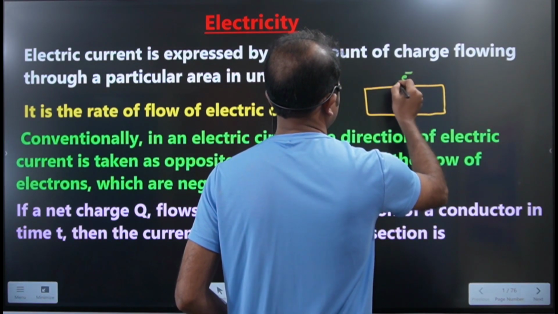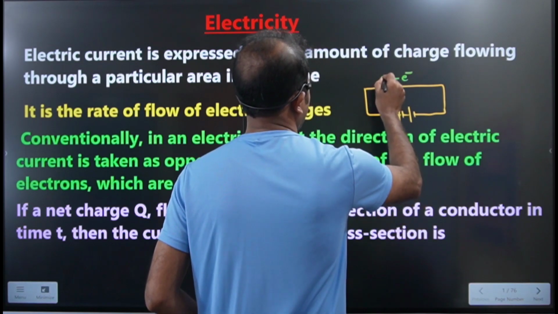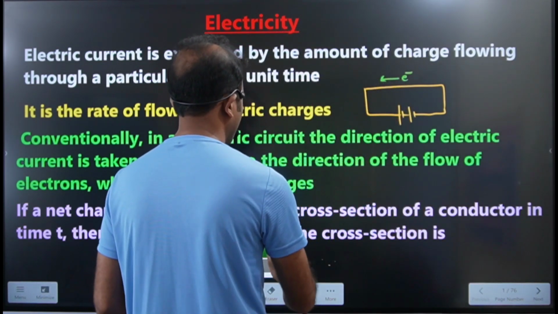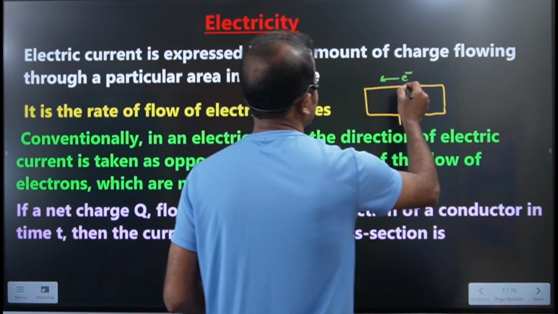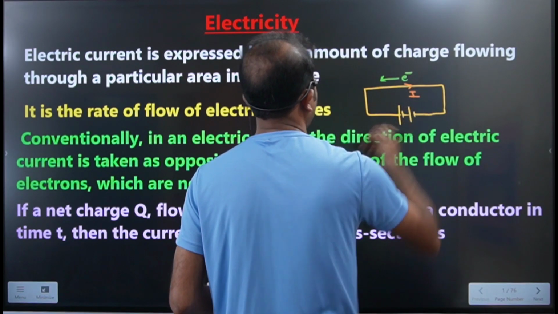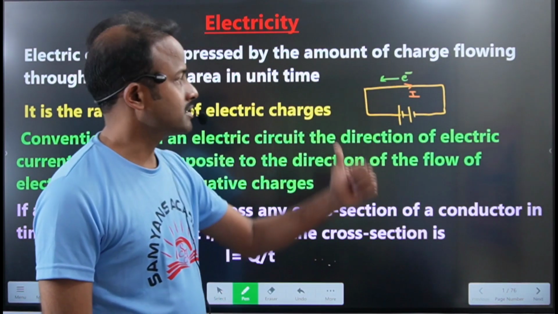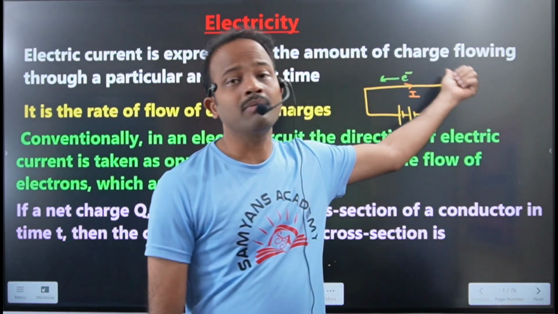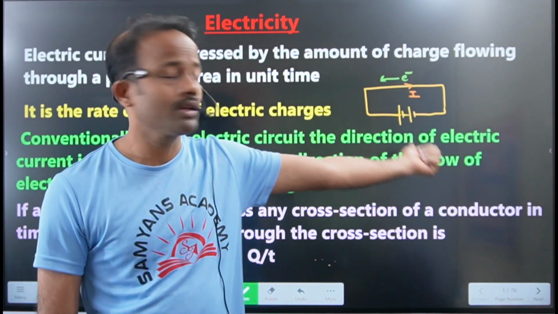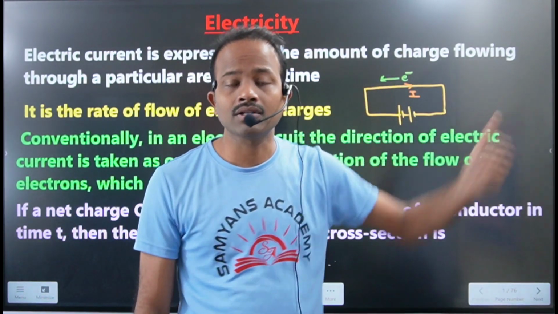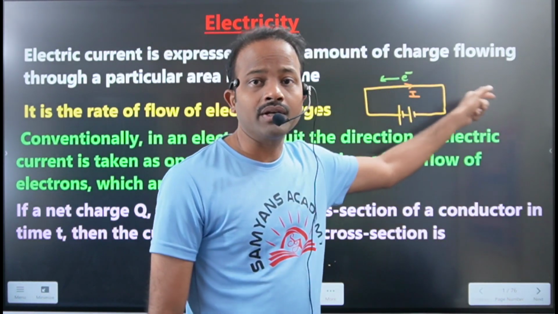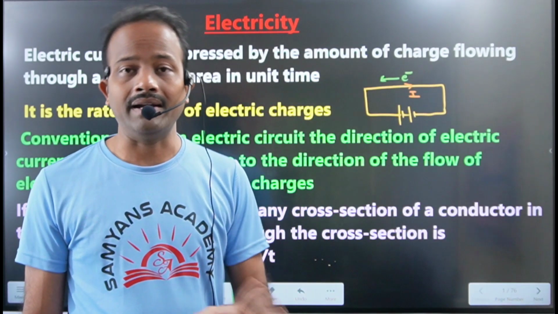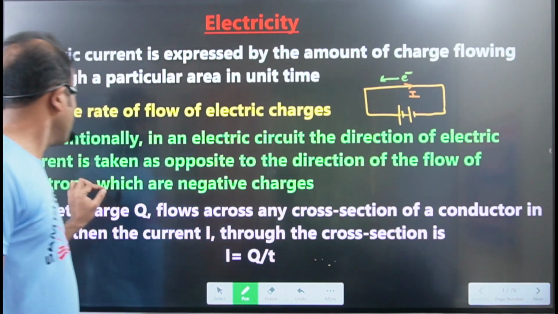The flow of electrons moves in this direction, and the direction of current you have to take as opposite to the direction of the flow of electrons. Electrons are moving from the negative terminal of the battery to the positive terminal of the battery. Then current moves from the positive terminal of the battery to the negative terminal, and this is the direction of the flow of current.